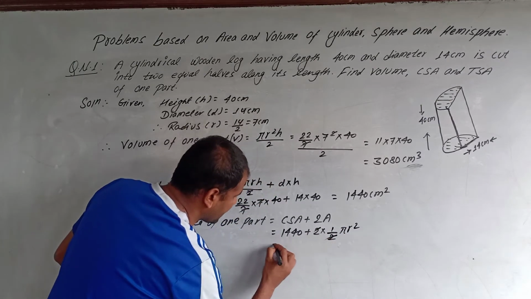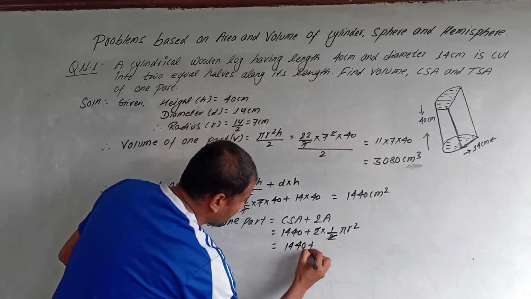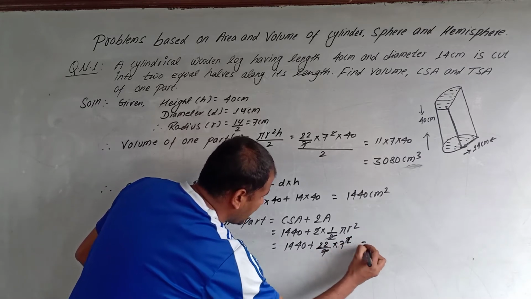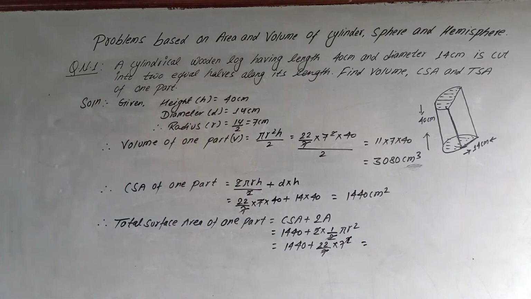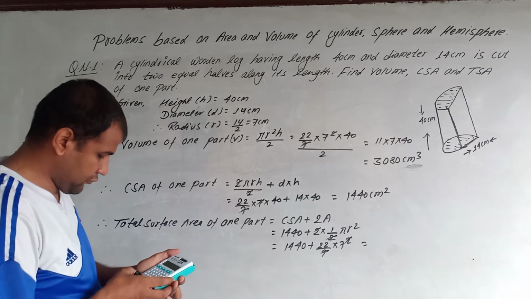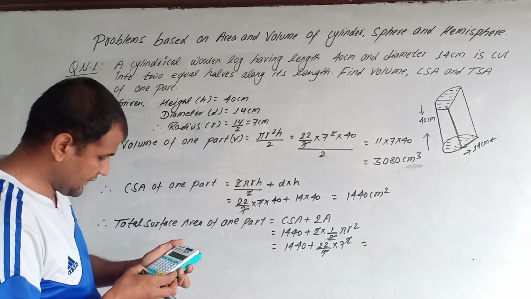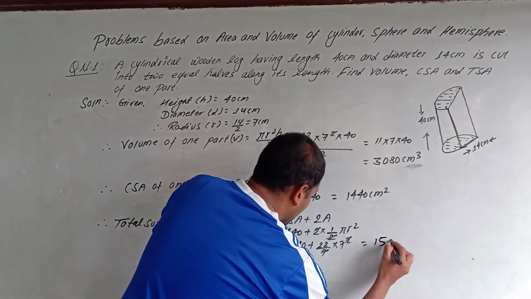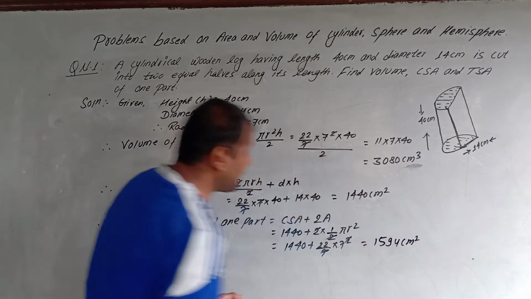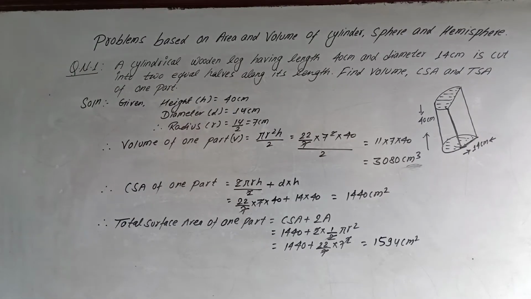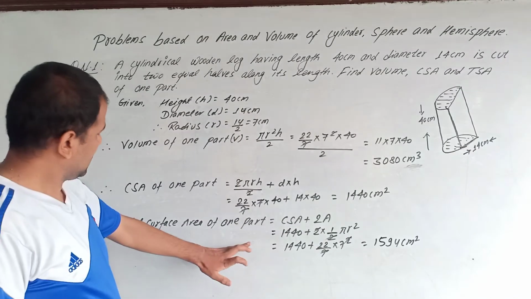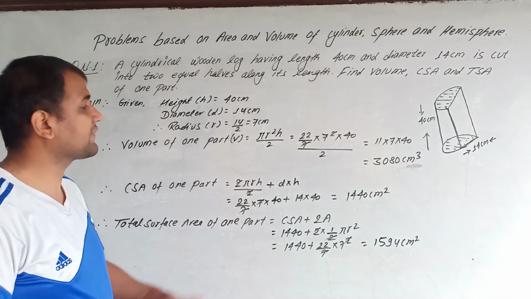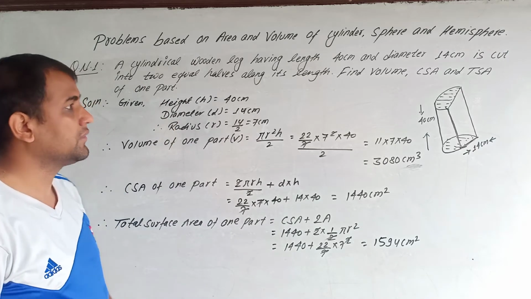So 2 and 2 are cancelled here. 1440 plus pi, 22 by 7 into r square, so that is equal to 1440 plus 22 into 7, which is equal to 1594 centimeters square. In this way, we find the total surface area of one part of the cylinder when the cylinder is cut vertically.